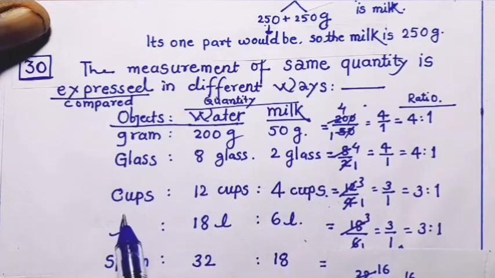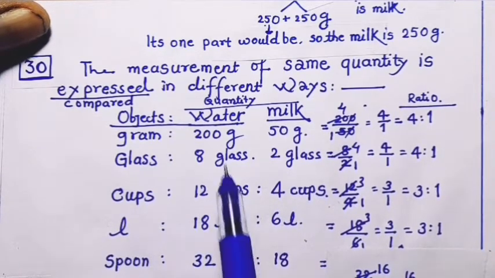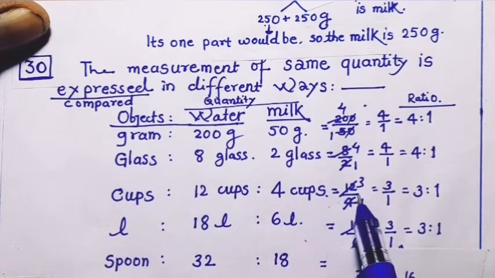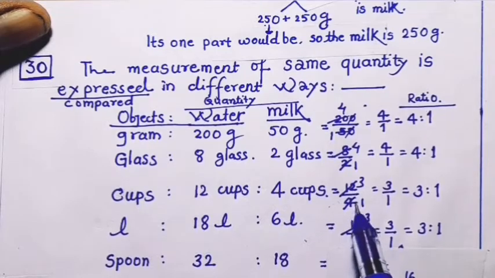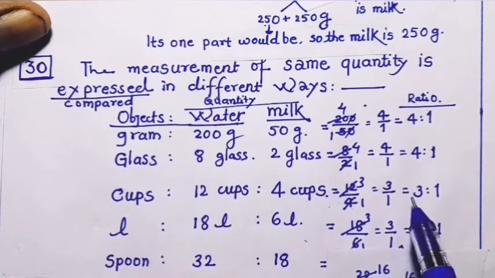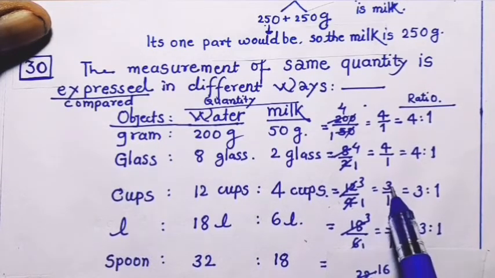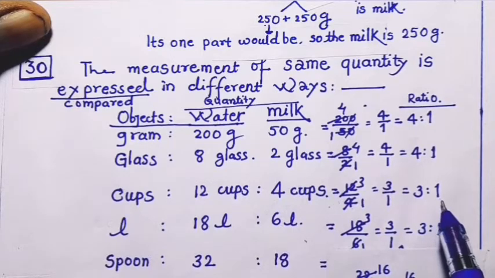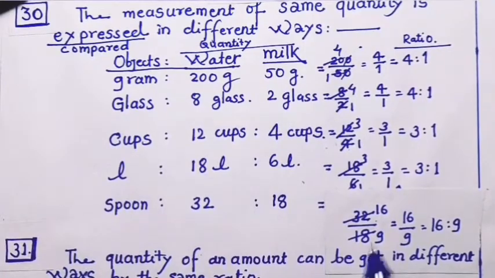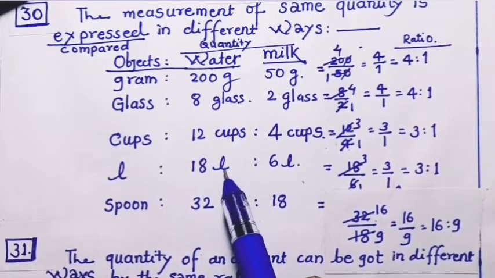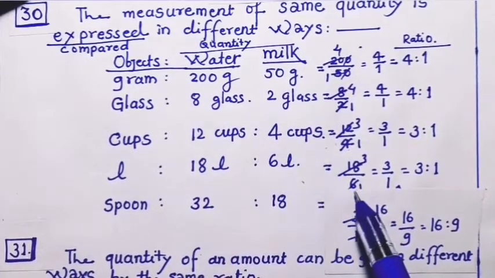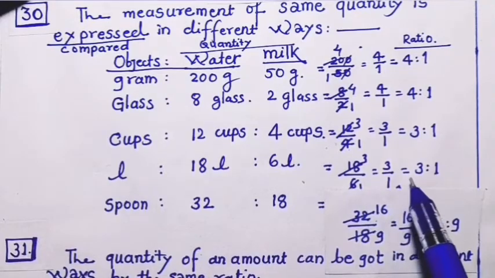Suppose that there are 12 cups of water and 4 cups of milk, then it would be written as 12 by 4, and after cancelling we find 3 by 1, and in the ratio 3 to 1. In the form of liters, if 18 liters of water and 6 liters of milk, then 18 by 6, finally we get 3 to 1.